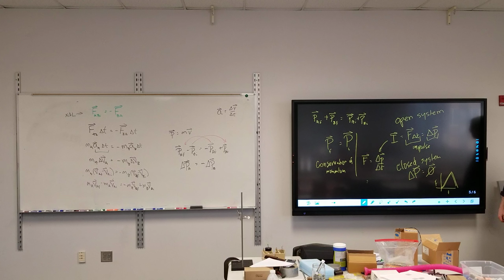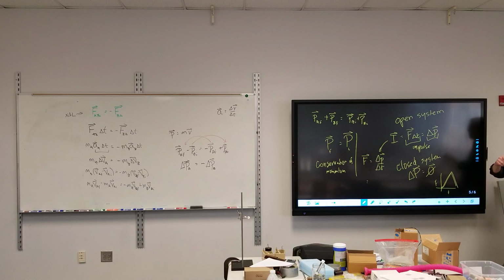In the open system, F delta T, is that a multiplication problem or a sum problem? That's a multiplication problem. Oh, then I put it wrong. That's why I was confused. But what happens during the interaction, we don't care. You have before, you have after, but what happens during the interaction, we don't care. This is the power of conservation of momentum.